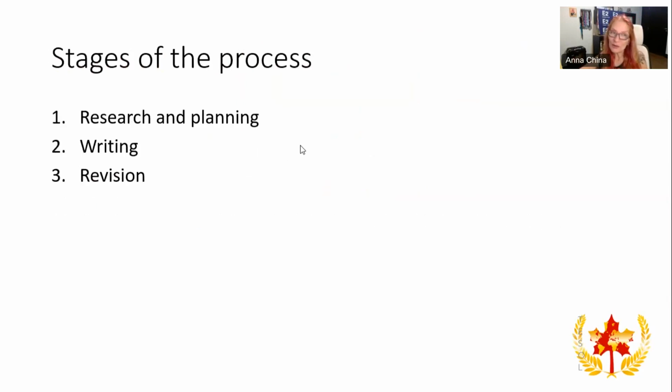So the stages of the process: we start by research and planning, then write, and then revision. Before you start writing, you have to do research and plan. What is your project? What is your topic? And then you'll do some research to identify how viable it is.